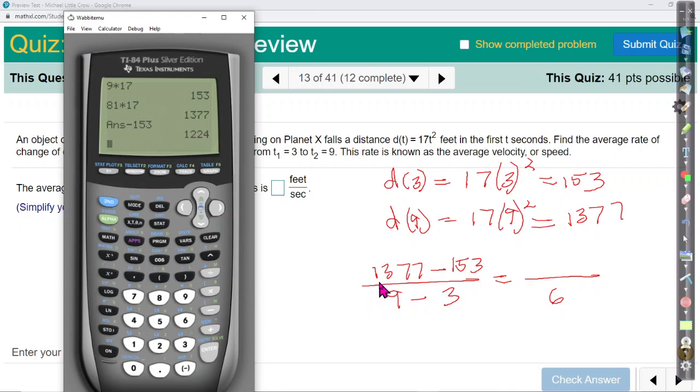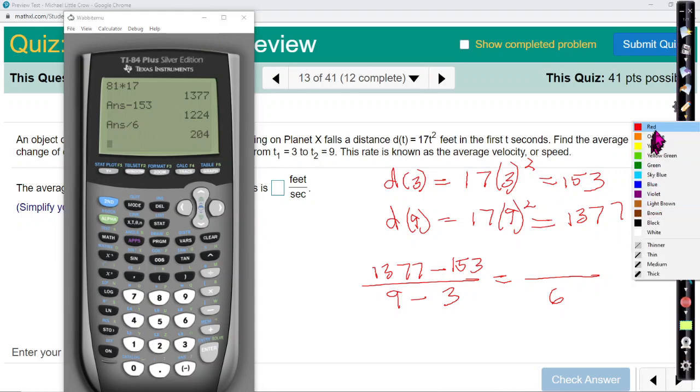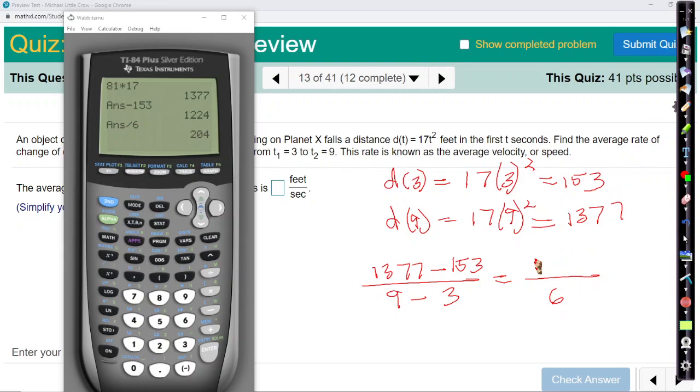So that's 1224. We divide that by 6. So we get our rate of change of 204 feet per second. 204 feet per second. Right, and this was 1224. This is 204.